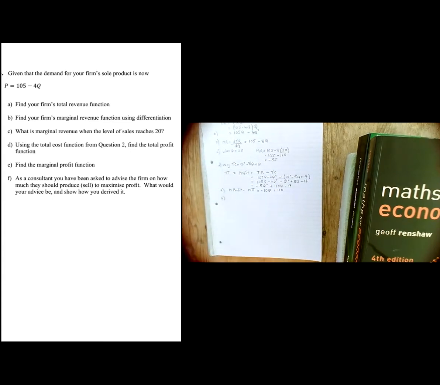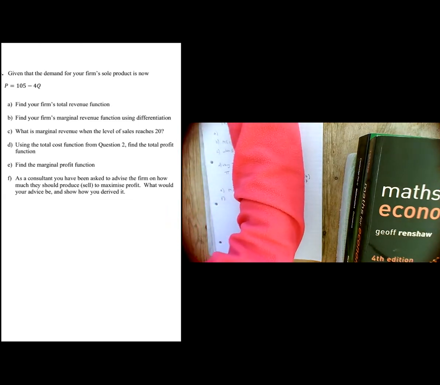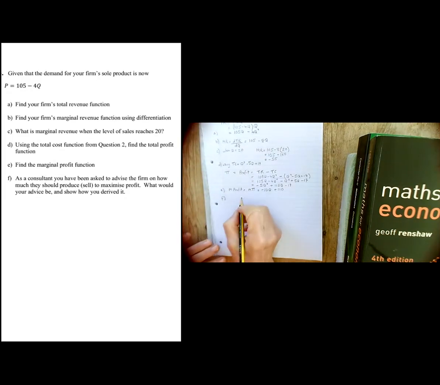Part F, as a consultant, you have been asked to advise the firm on how much they should produce or sell to maximize profit. What would your advice be, and show how you derived it? So if we have this profit function, how are we going to work out the optimal level of production to operate at to give us as much profit as we can? So how do we find the maximum profit?